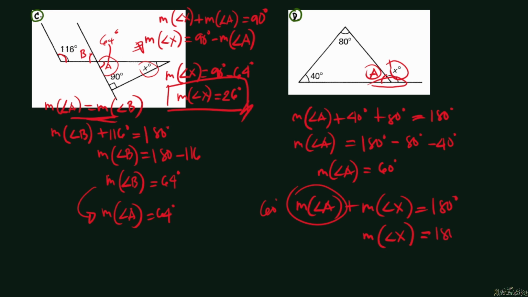So 180 minus 60. So the measure of angle x is equal to 120 degrees. So that's the answer for letter D.